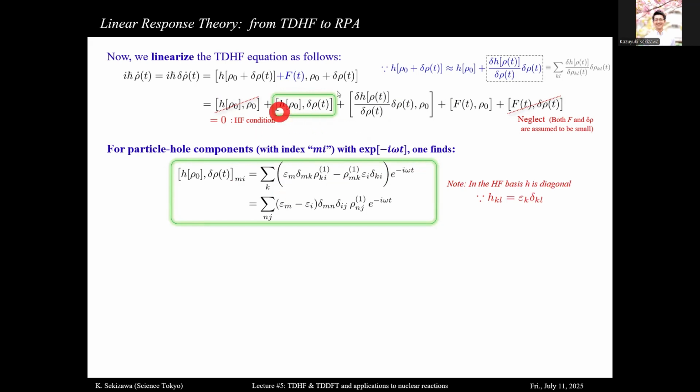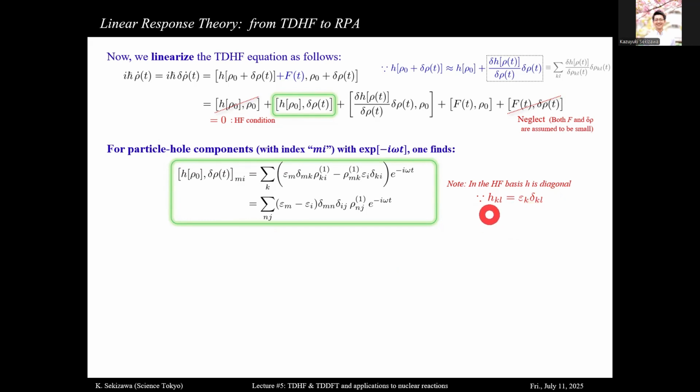And then from this equation, this term, you can get this condition. And the point is, this H is a single particle Hamiltonian matrix. And this matrix is diagonal in the Hartree-Fock basis, with eigenvalues of the single particle energies, epsilon k.